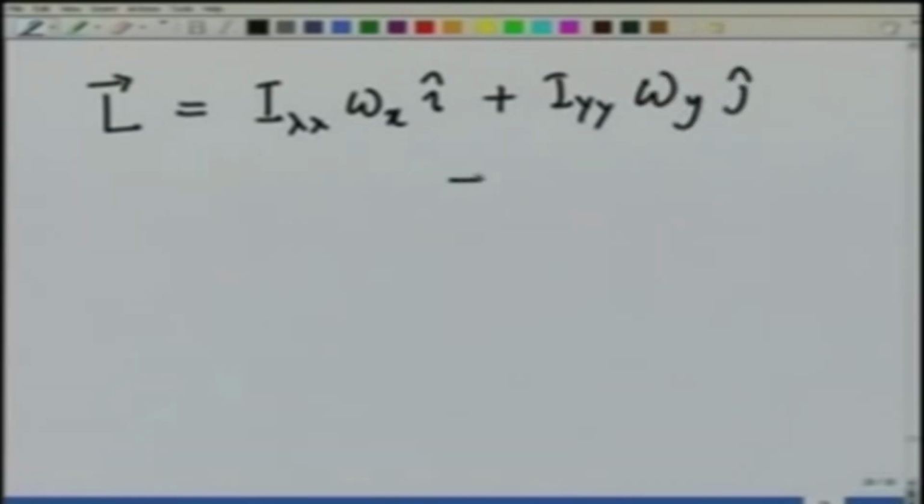Therefore, I can write, by taking components along the principal set of axes, Ixx omega x in the i direction, Iyy omega y in the j direction, plus Izz omega z in the k direction.